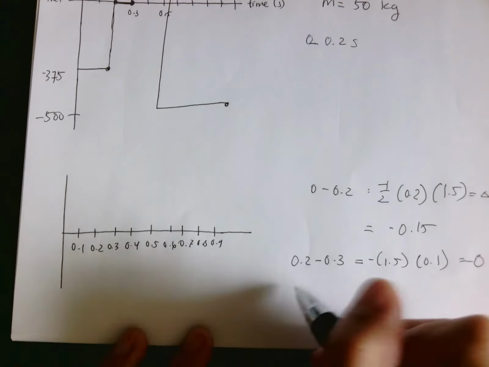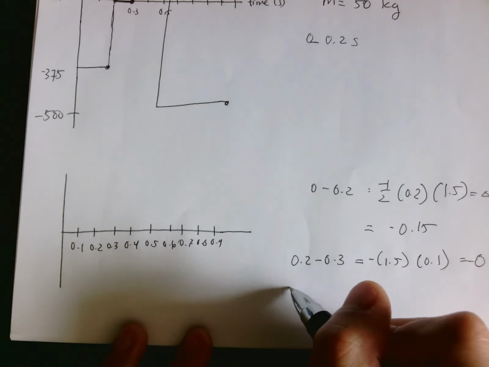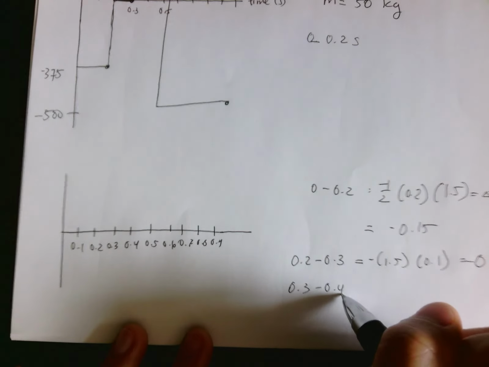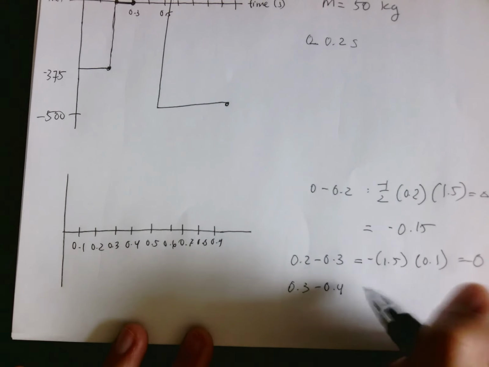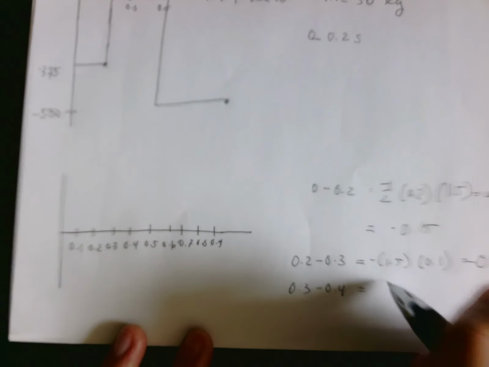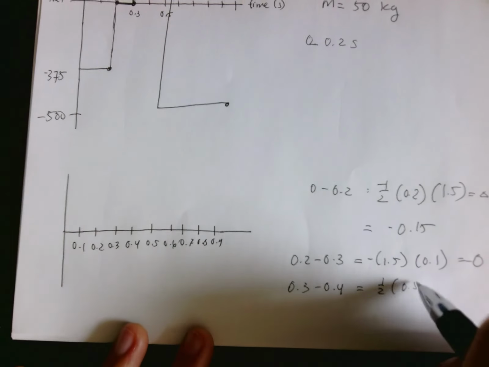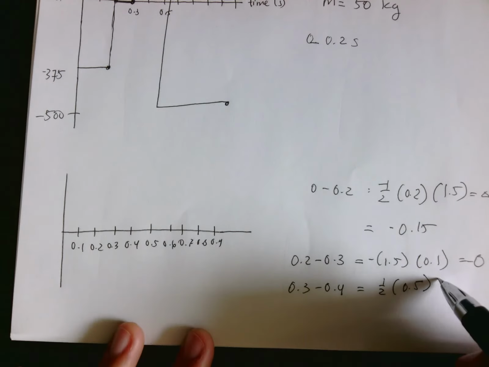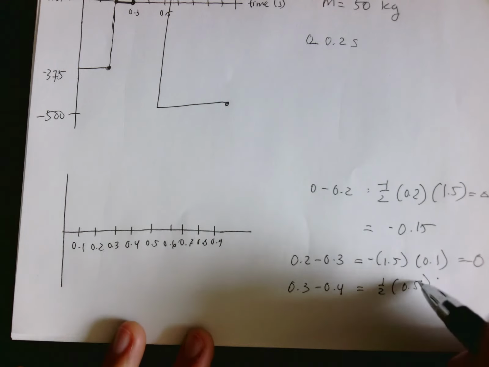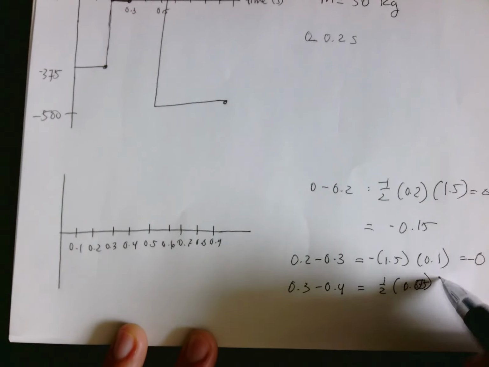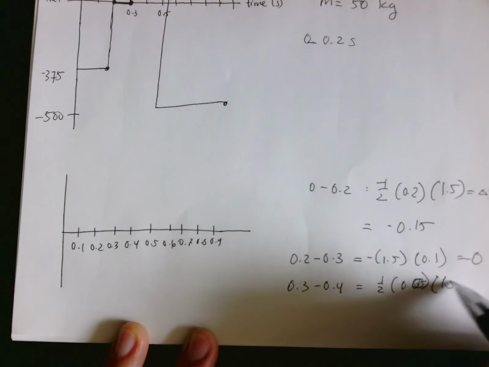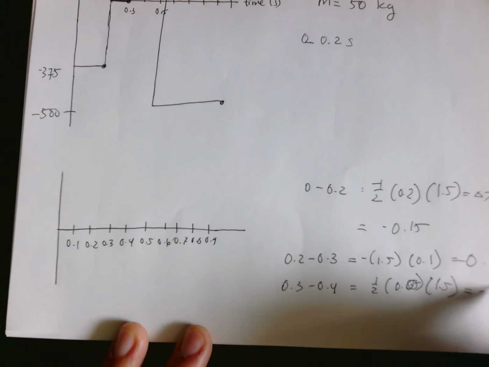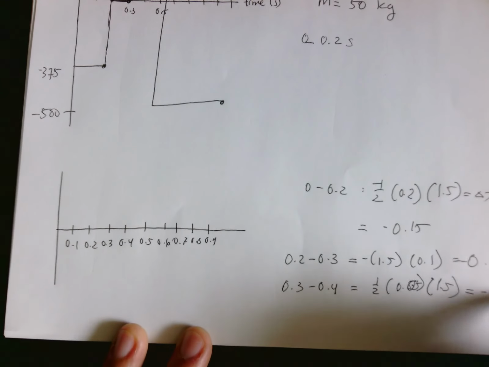And then from 0.3 to 0.35, we're going to see a delta x of 1/2 times 0.05 times 1.5, which is negative 0.075.